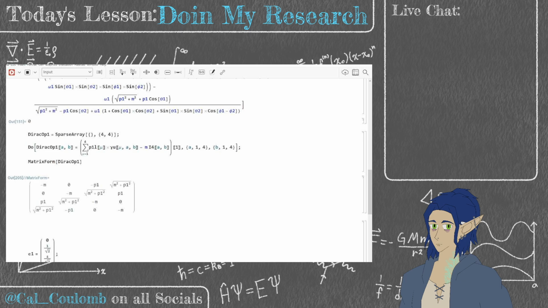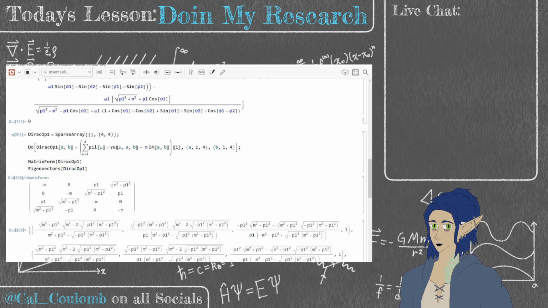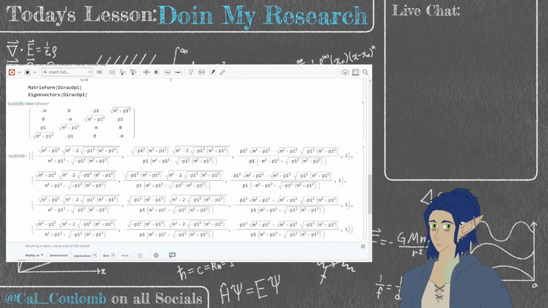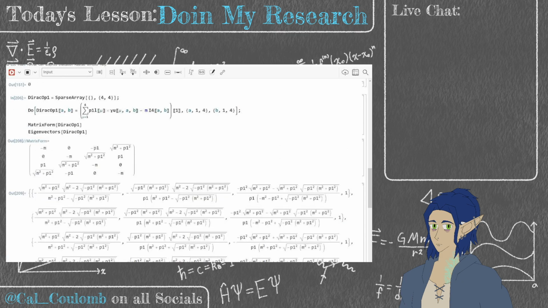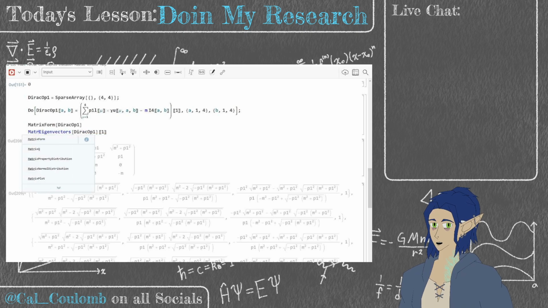And so now we want eigenvectors of the Dirac op1. And okay, maybe let's just select out one of these. Put it in a matrix form so it's easier to read.